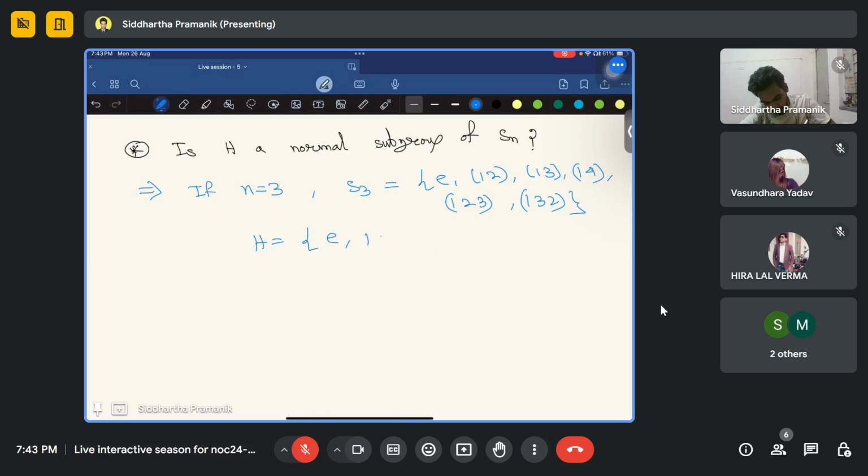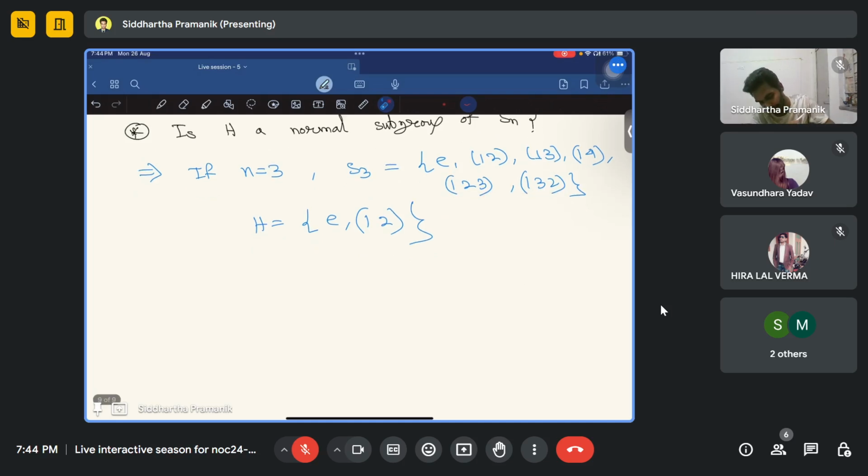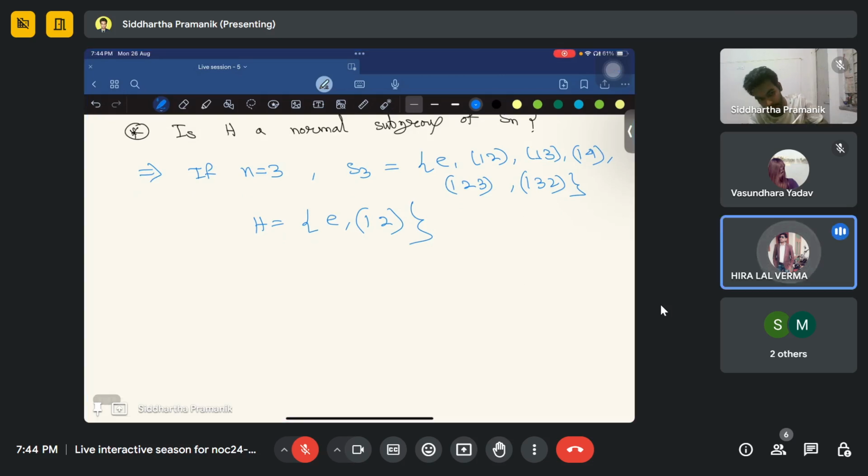So this element (1 2) must be in H. In fact, this is the only non-identity element in H. You can check it, because under this cycle (1 3), 1 goes to 3, so it cannot be. So (1 4) similarly cannot be. This cycle (1 2 3), 2 goes to 3, so this is also not possible. Similarly, this is also not possible.